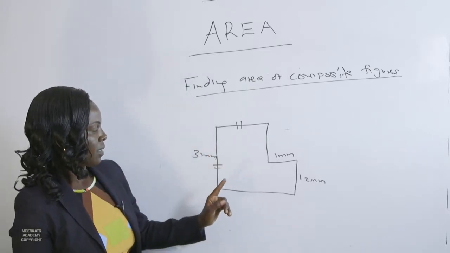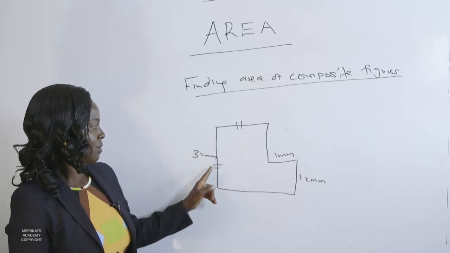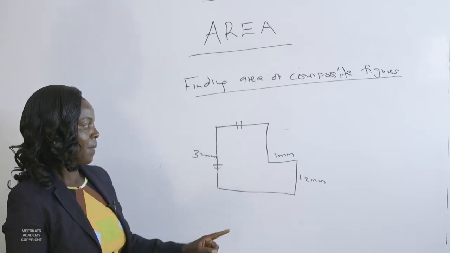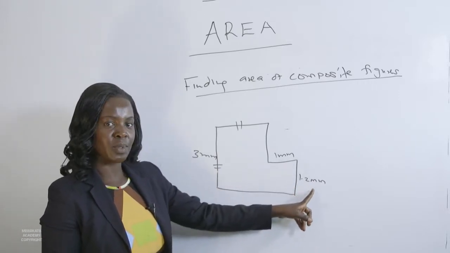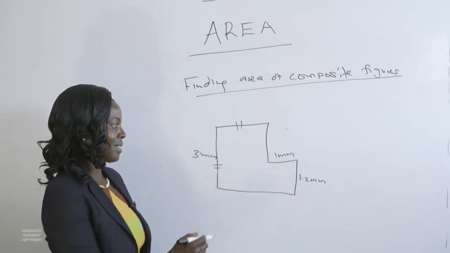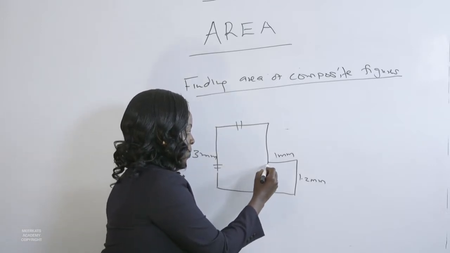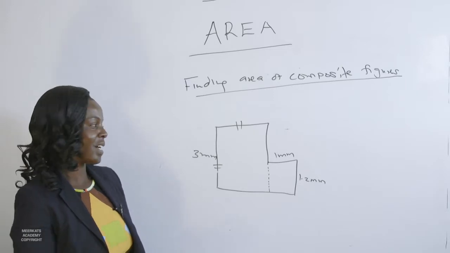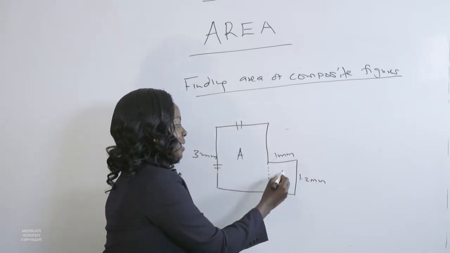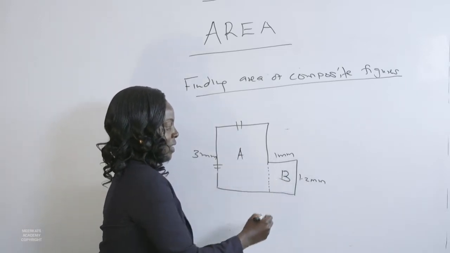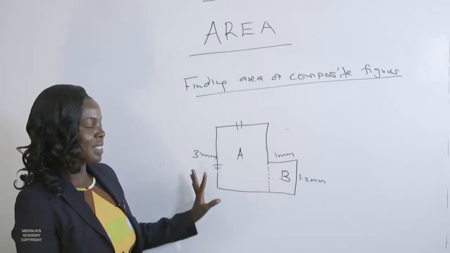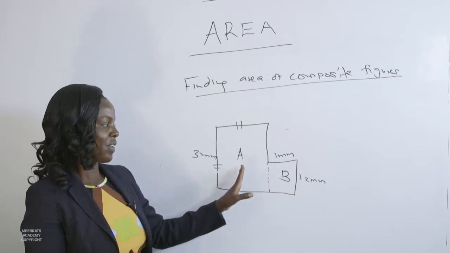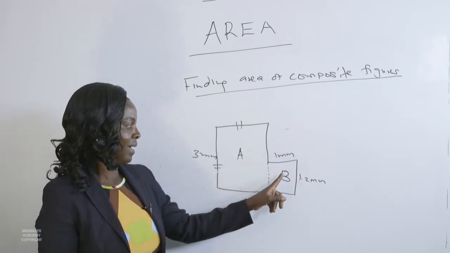We are given this is 3 millimeters, and this side is equal to this side. Then this is 1 millimeter, this is 1.2 millimeters. You realize that if we drop a perpendicular line down there, they make two figures, A and B. So for us to be able to get the area of this figure, we are supposed to calculate the area of A, add the area of B.